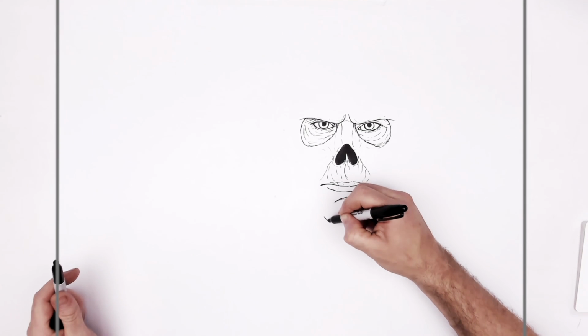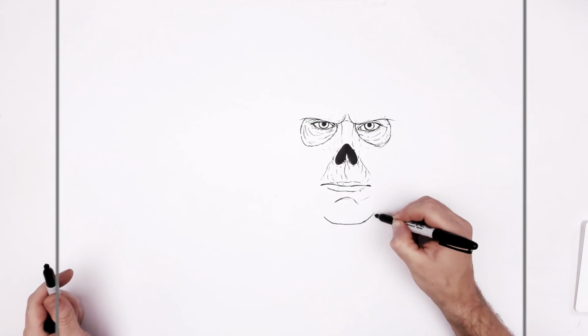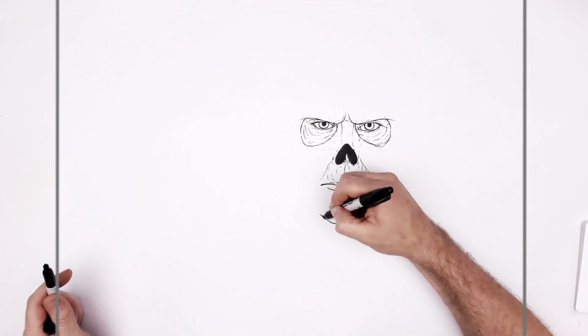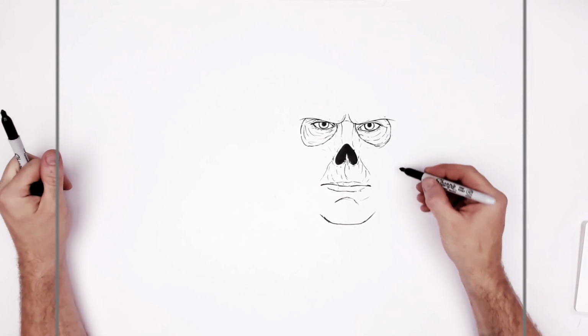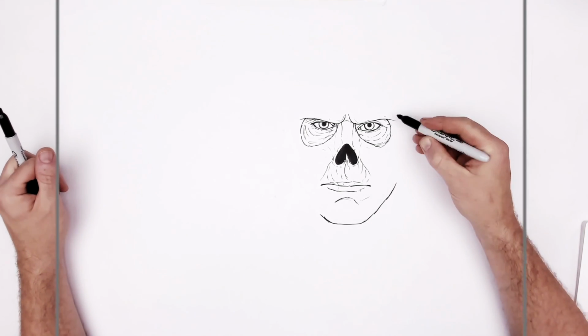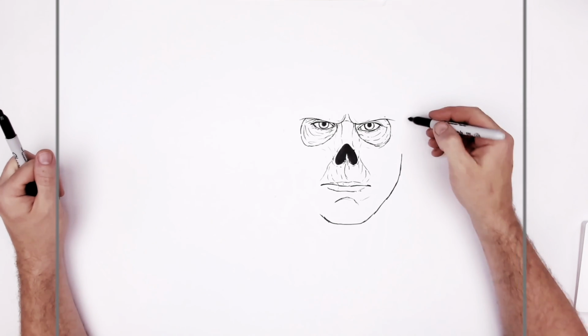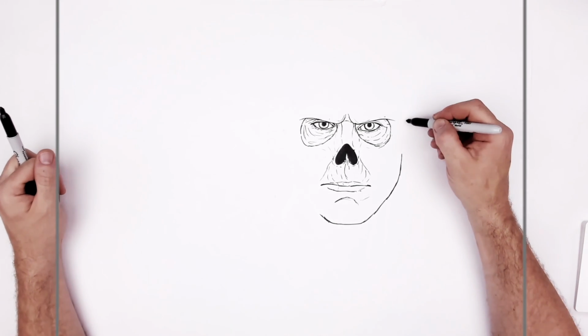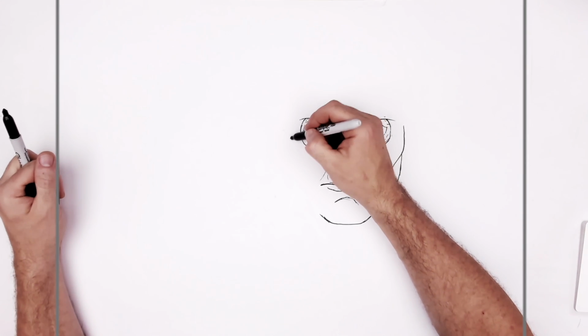So going up that way. And it goes out for his jaw. Up here, and because he's skeleton-like, there's real sort of big cheekbones.